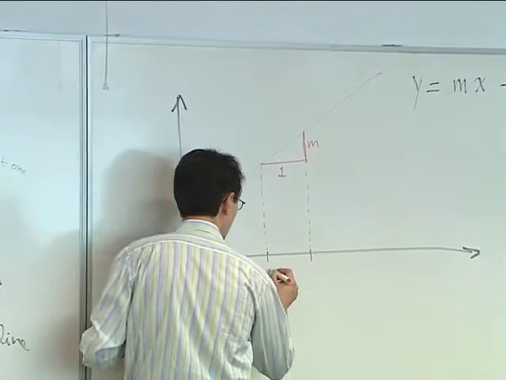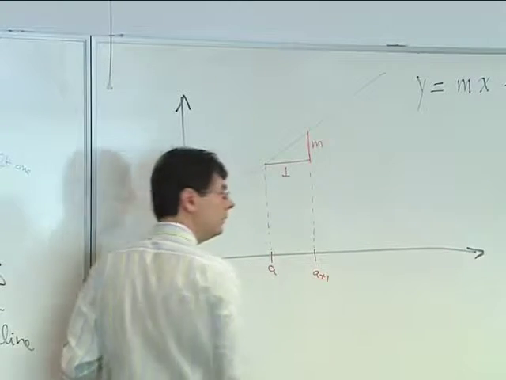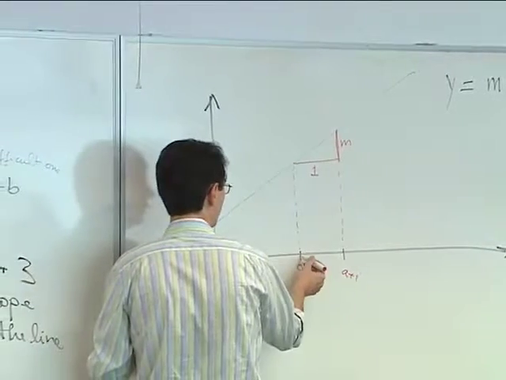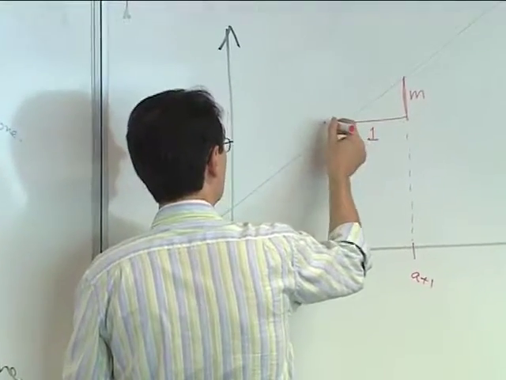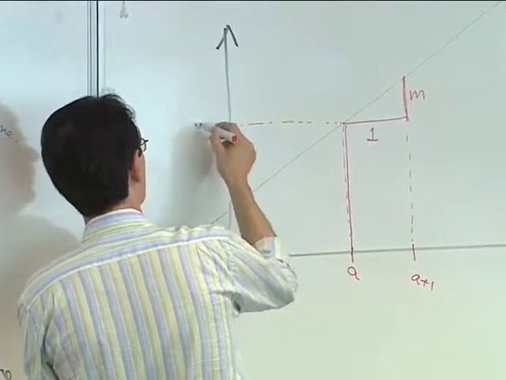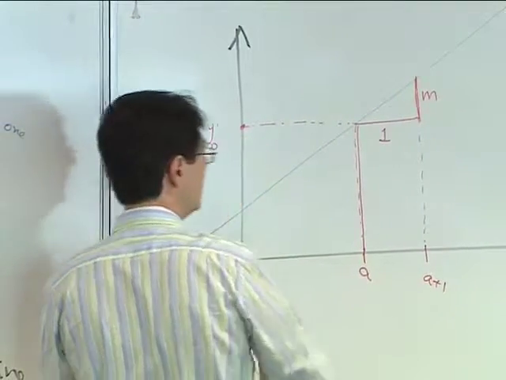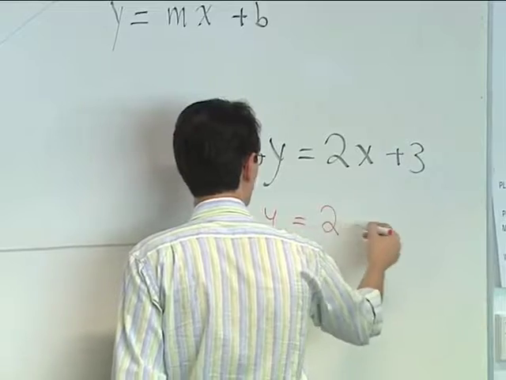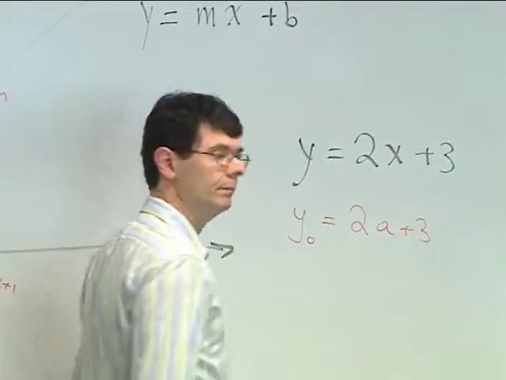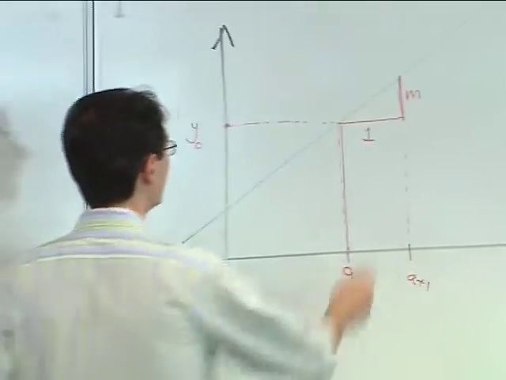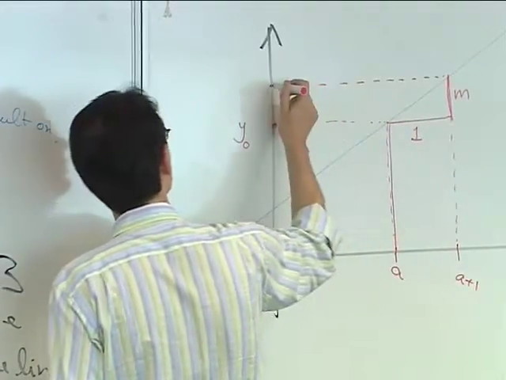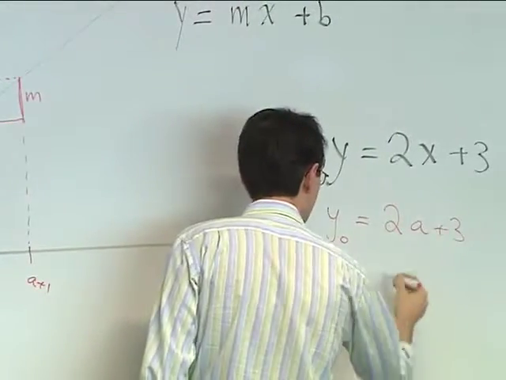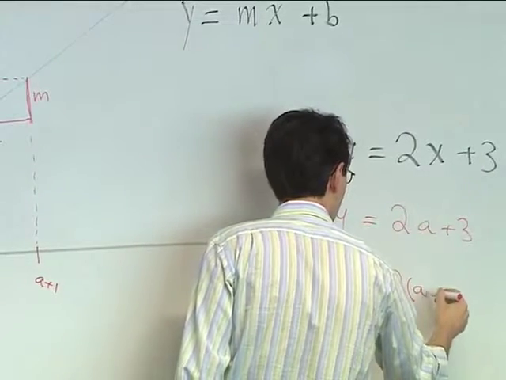You can check that by doing the following. I'm going to call this guy here a. So this is a plus 1. I'm going to compute the height for a, which is going to be this value here that I'm going to call y0. So in this line here, y0 is 2a plus 3. I'm going to compute this height here, which I am going to call y1. And y1 is the height I obtain when I replace x by a plus 1.